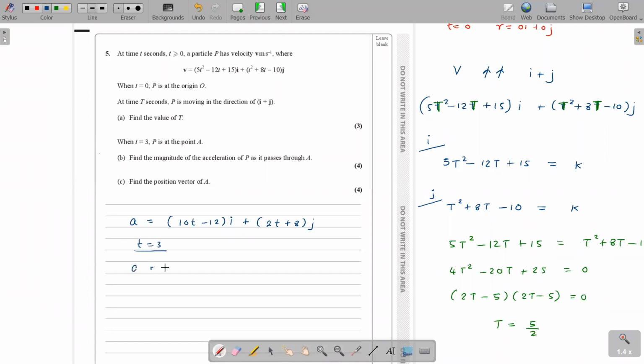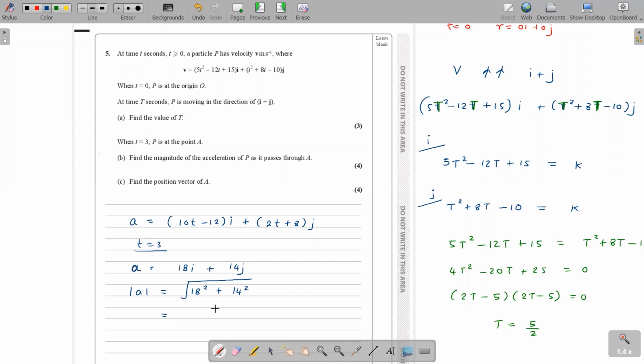So acceleration equals 10 times 3, 30. 30 minus 12 would be 18i. 2 times, replace t with 3, 2 times 3 is 6, 6 plus 8 is 14j. So this is the acceleration vector. Now find the magnitude. How do you find the magnitude? You square it: 18 square plus 14 square, square root.